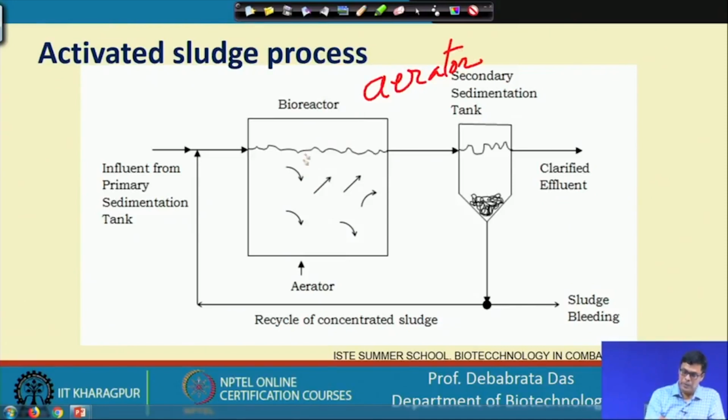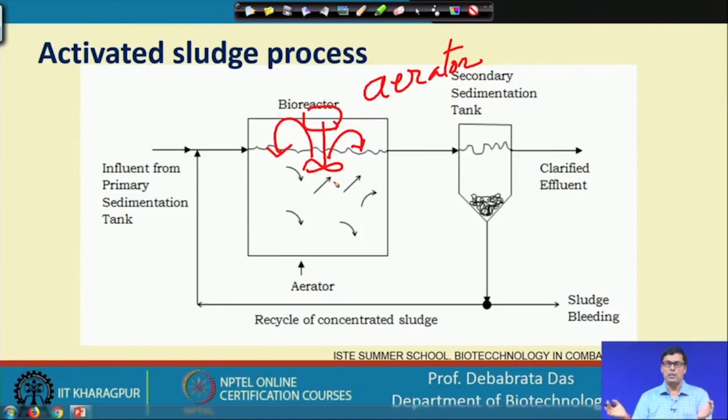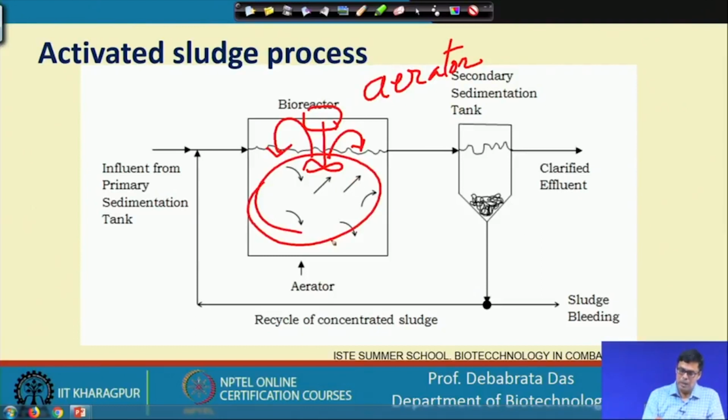What do you mean by surface aerator? Because this will throw the liquid like this. When it throws the liquid like this, the oxygen present in the air comes in contact with the liquid, and a lot of mass transfer takes place. So, the dissolved oxygen concentration in the liquid increases, and it also makes a stirring, so that the insoluble cells remain in suspension, freely interact with the liquid and produce the cell mass.